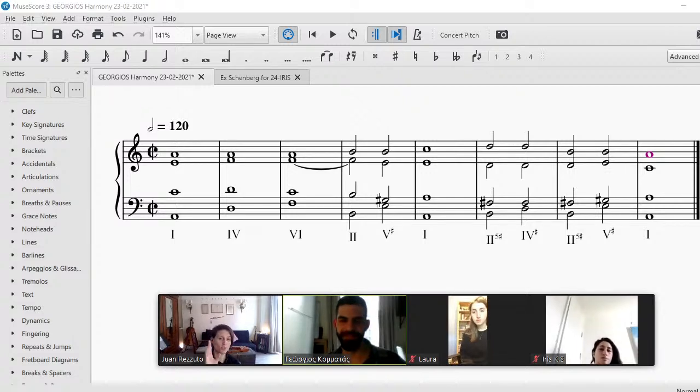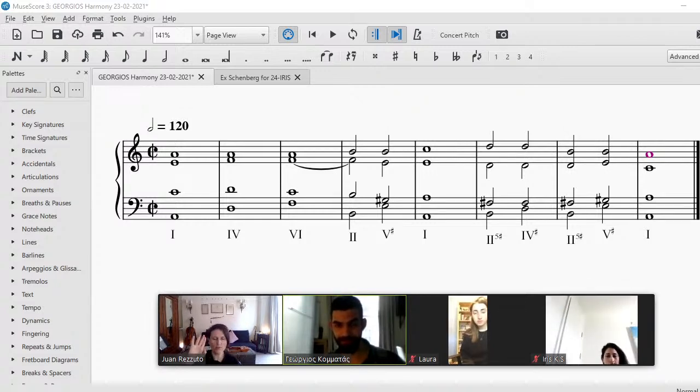To anyone, Georgios, Laura, and Iris, which are the notes that we cannot omit, that we have to put there? Because the next topic is minor mode with sevenths, so we have to review.